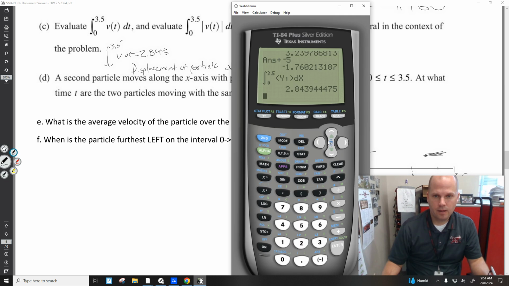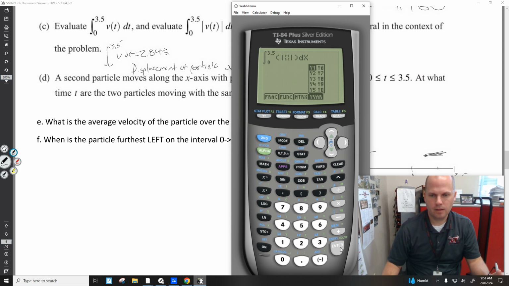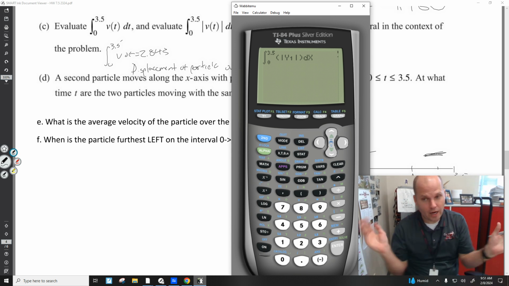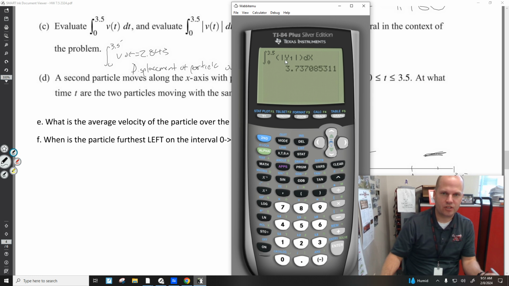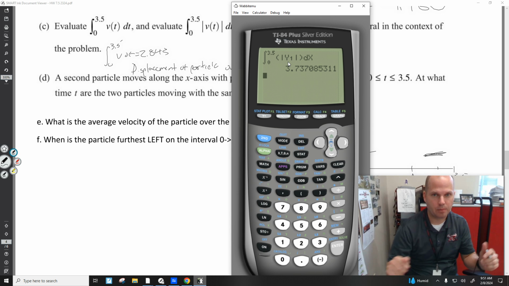And then math, num, abs. Again, it kind of overwrites the Y1. It's tough to insert. Takes a while. You're adding up a bunch of stuff, and your calculator sees a different kind of process to add up things with absolute values because of the sharp points.